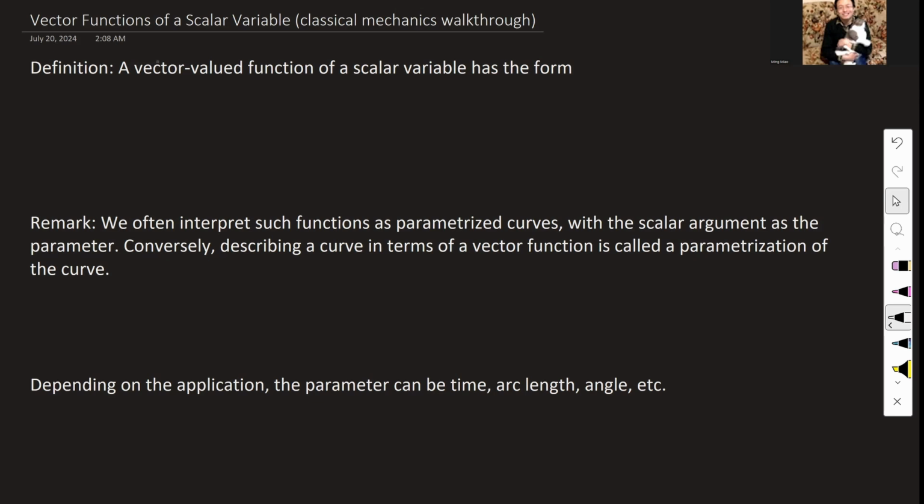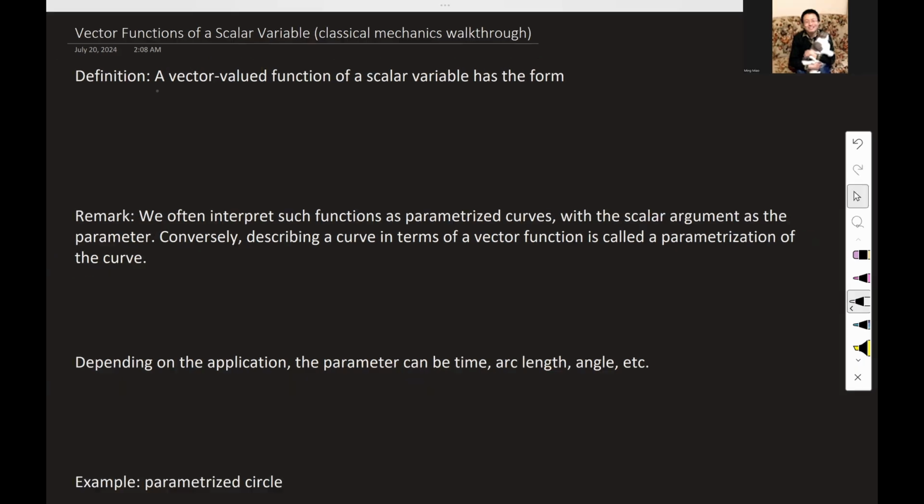Today's topic is vector functions of a scalar variable. As the name suggests, a vector function of a scalar variable is a function that takes a scalar as an input and returns a vector as an output.